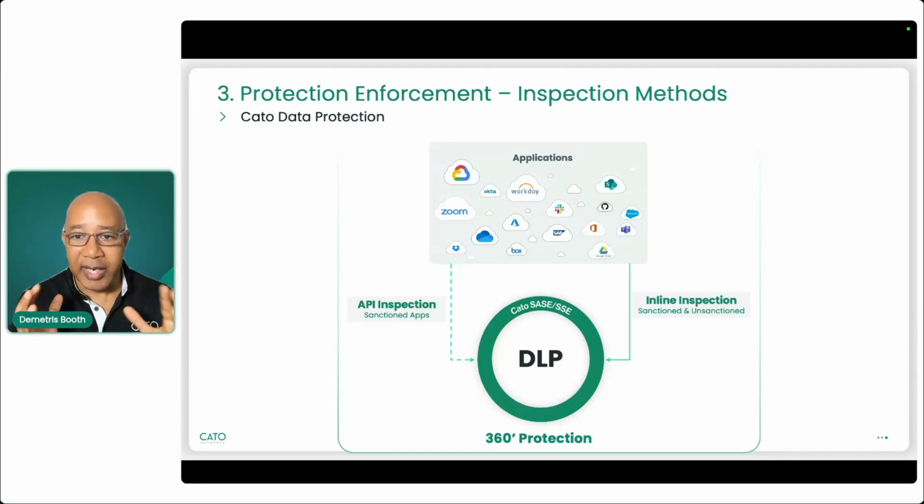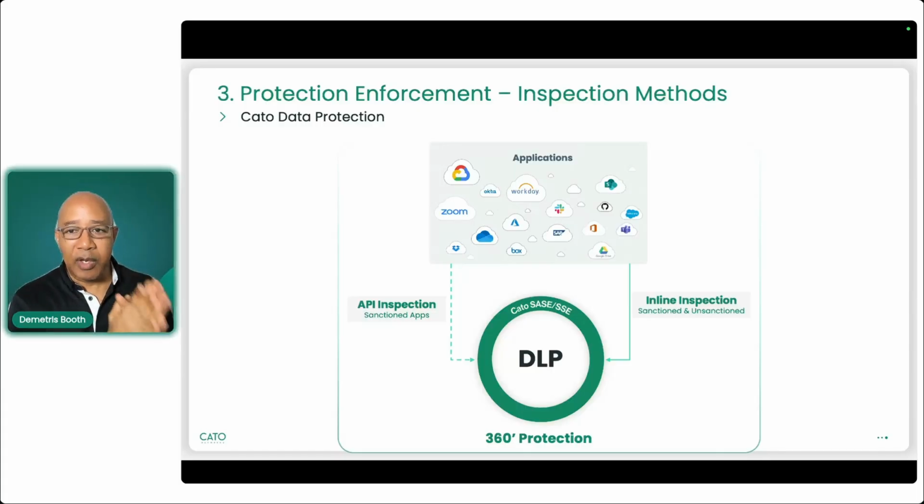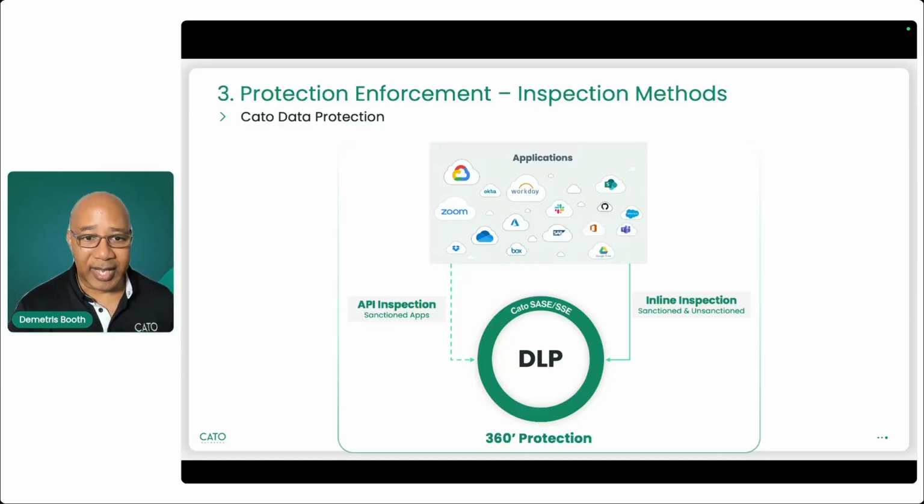First, inline inspection catches the data that is in motion across both your sanctioned and your unsanctioned apps, so you can block, coach, alert, or monitor in real time. And then we also have API inspection that looks inside of your sanctioned SaaS environment.